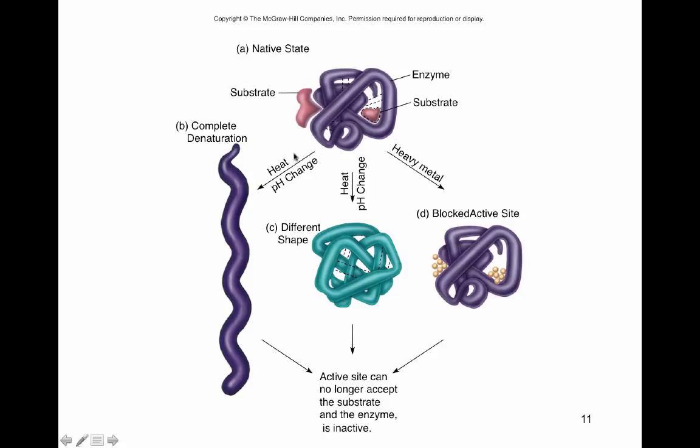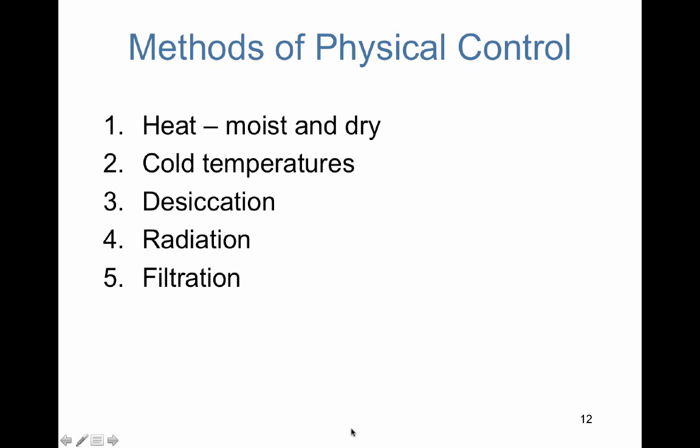And when you expose it to extremes in heat, it causes the unfolding of this protein, and now you don't have this unique active site here where the substrate can bind, so the enzyme is no longer functional. Or it could cause the protein shape to change a little bit, so the active site is unavailable. Or in the case of a heavy metal, which would act as a competitive inhibitor, it will actually bind to the active site itself. So the active site can no longer accept the substrate, and the enzyme is therefore inactive.